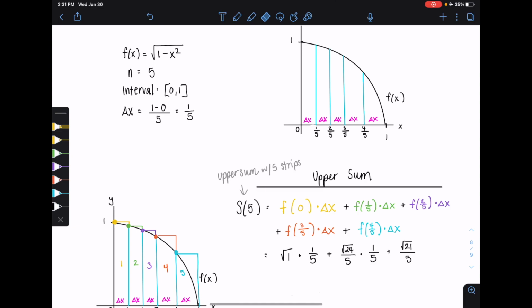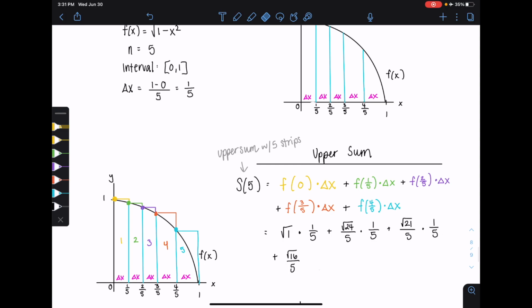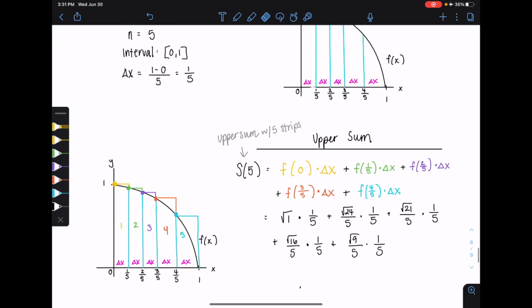If you plug 2/5 in, you'll get root 21 over 5 times the 5th. 3/5 will give you root 16 over 5 times the 5th. And then 4/5 will give you root 9 over 5 times 1/5. So plugging that into a calculator, you're going to get that this area is approximately 0.859.